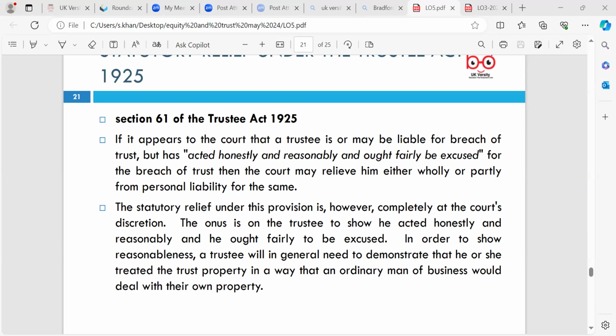So the court can relieve a trustee if they are found to have acted honestly and reasonably.